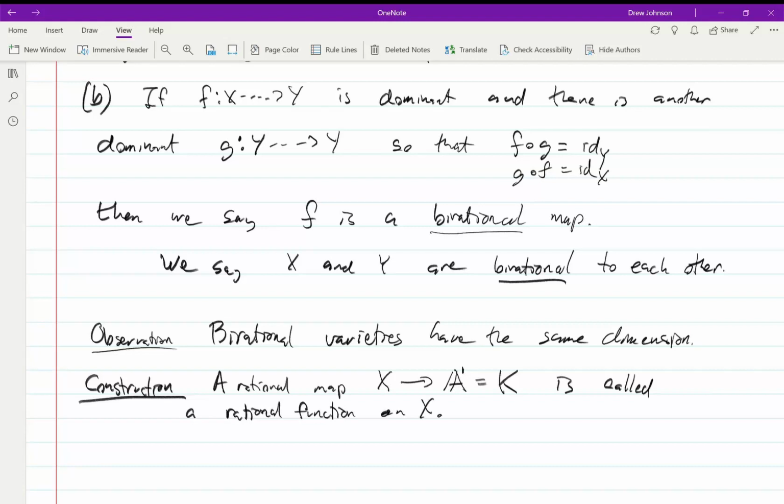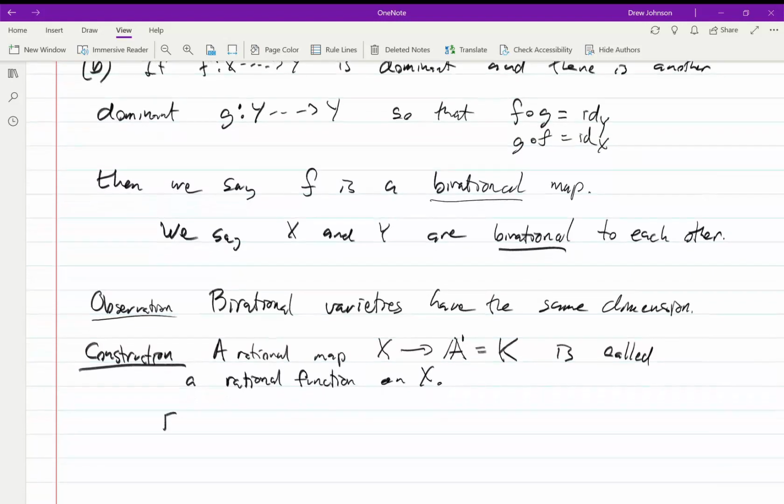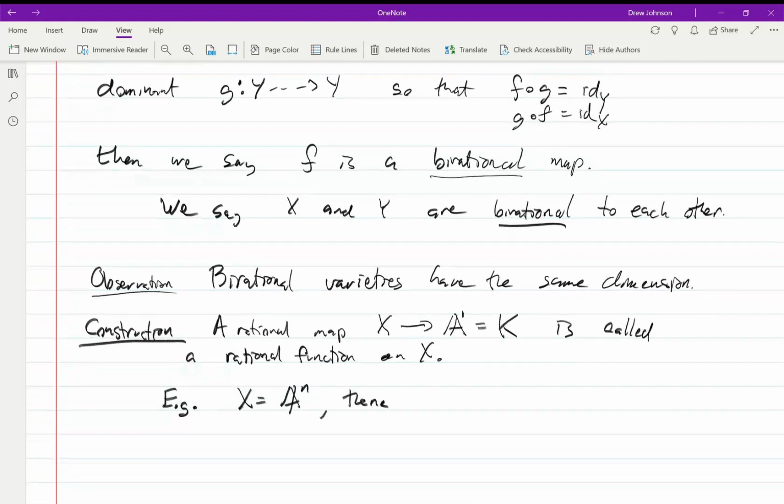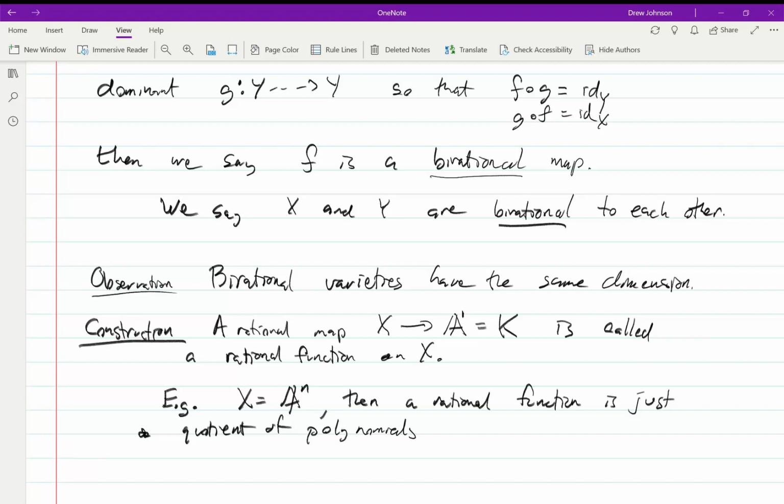On X. Okay, why is it called a rational function? So, let's just take, for example, X equal to A^n. Then a rational function is just a quotient of polynomials, something like x squared plus y divided by z plus x squared minus y.